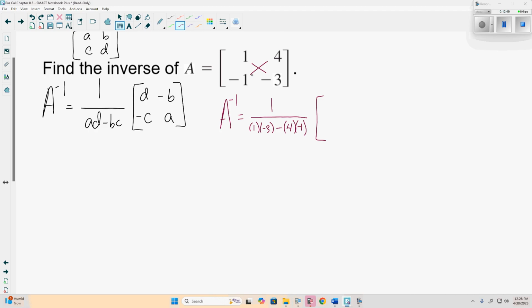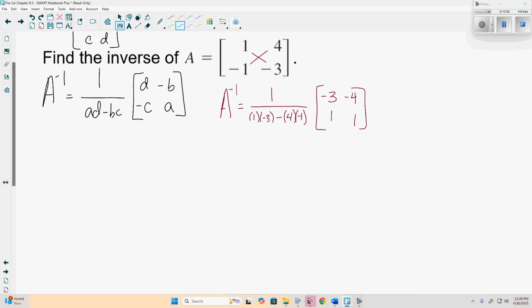A and D switch places, so now negative 3 is in the top left, 1 is in the bottom right. And we switch the sign of the other two, so our 4 becomes negative, our 1 becomes positive.